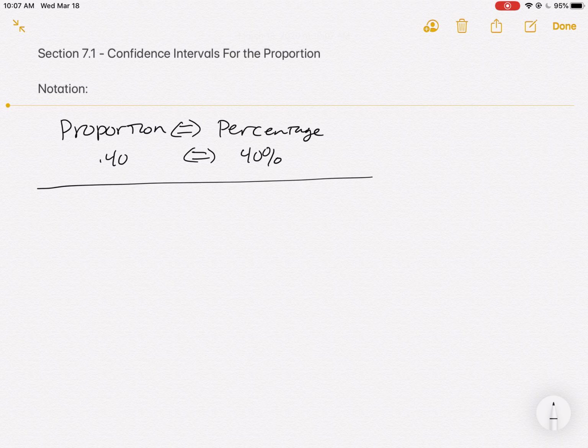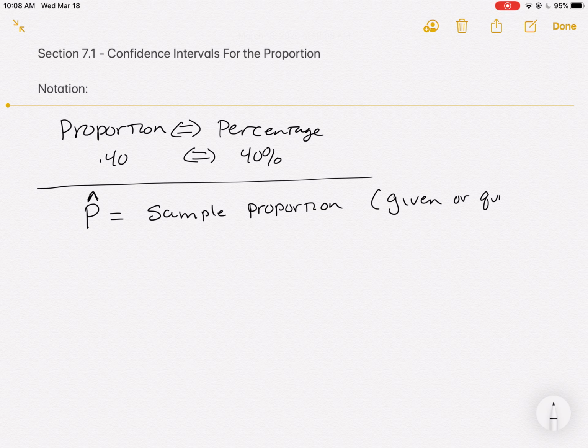Notation wise, we're going to use the symbol p hat, p with the little party hat on it, to be the sample proportion. So this will always be either straight out given in our problem, or we'll have to do a quick division to find it out.